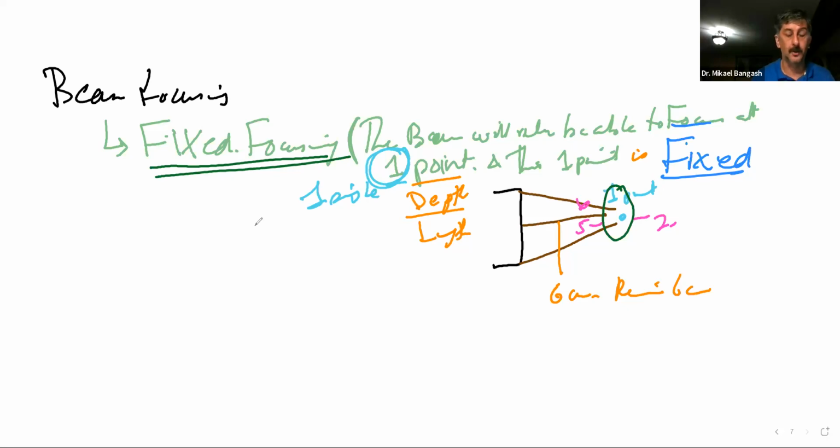Okay. So when we say fixed focusing, what do I mean? Just one focal point or focal depth. And whatever that focal depth or focal point was, that remains fixed. You don't change it. You can't change it.